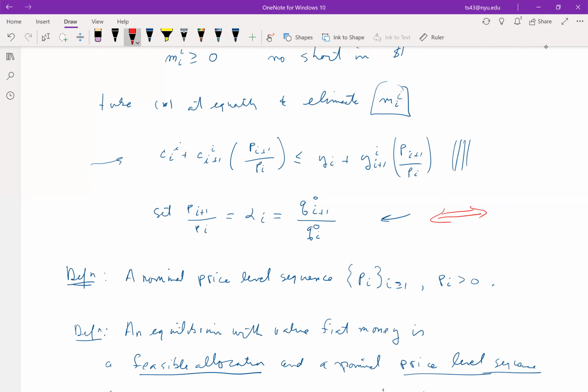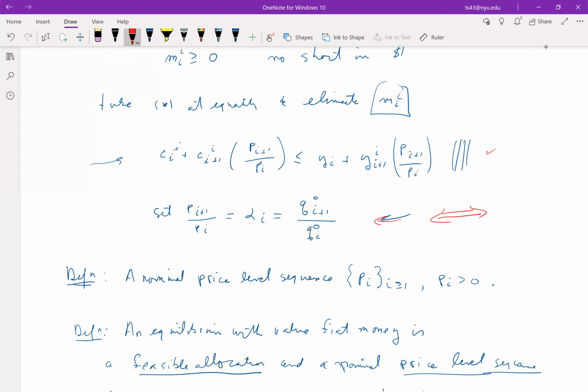Once I make this connection, the household's problem, its choice of allocation, is identical to what it was when we were studying the equilibrium with time zero trading, using the David Gale machine.